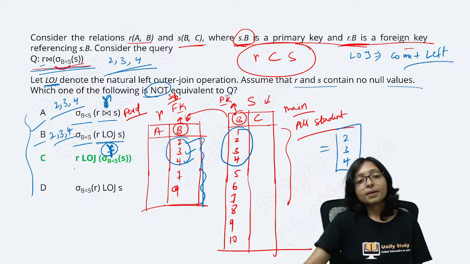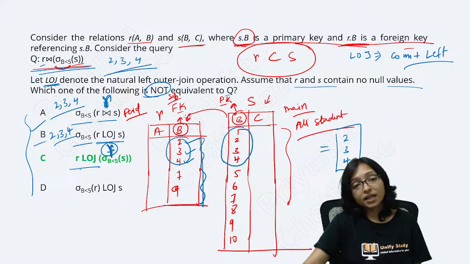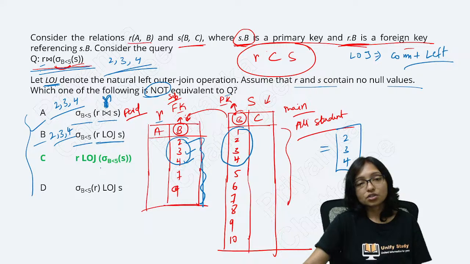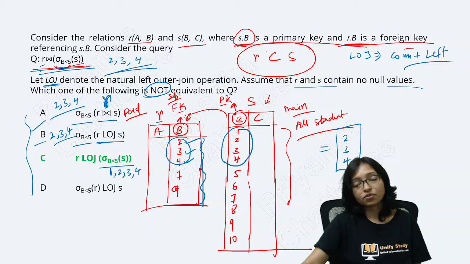Same. But here what will happen? I am doing left outer join with R. This is R left outer join, but here I am running the query on S less than 5. That will be the problem. Because when I do this less than 5, I will get here 1, 2, 3 and 4.